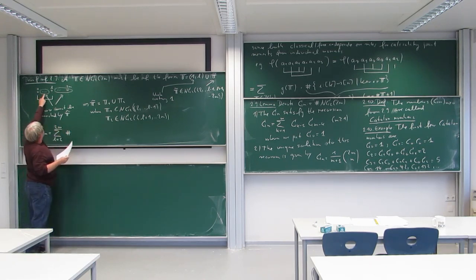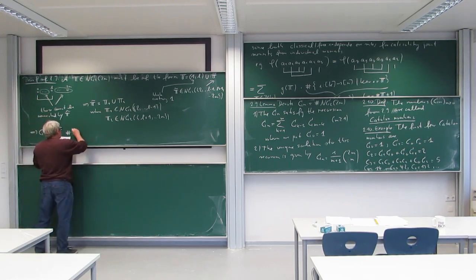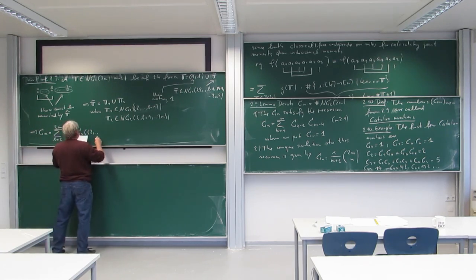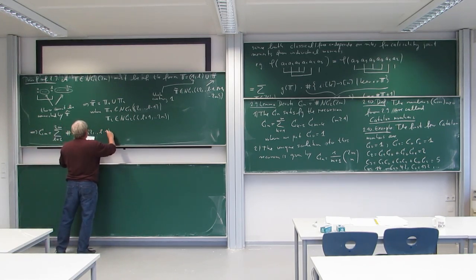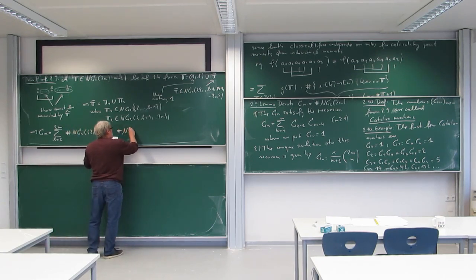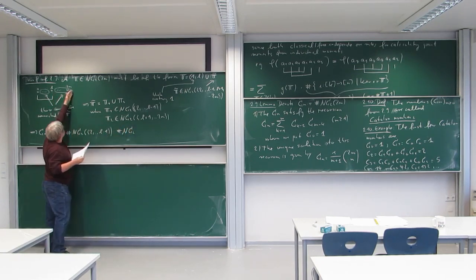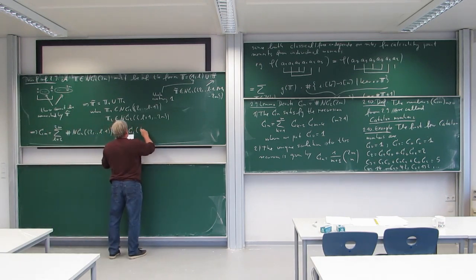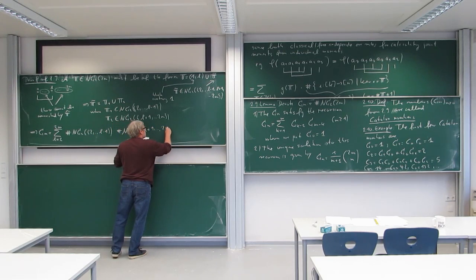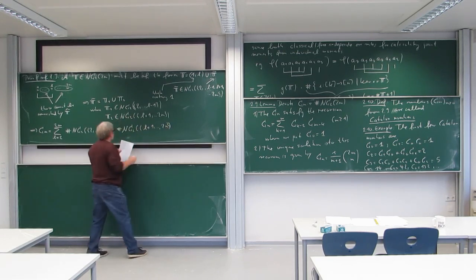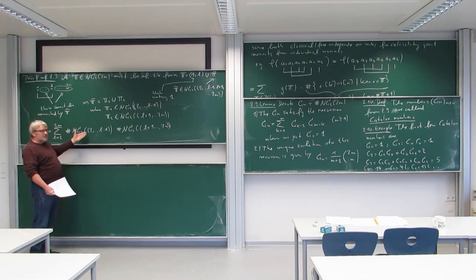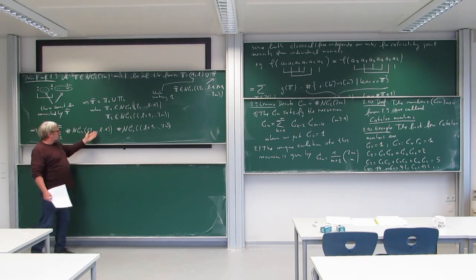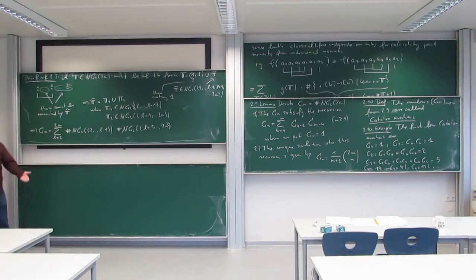Then I have the number of non-crossing pairings for the elements between 1 and L, which is 2 up to L minus 1, times the number of non-crossing pairings for the elements coming after L, so the non-crossing pairings of L plus 1 up to 2m. Good. And of course, this is again the same problem as before, but for a smaller number of points. And in particular, it is also clear that the number of points which I have here must be even, because if I have an odd number of points, I don't have non-crossing pairings.